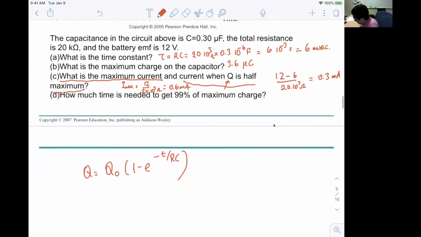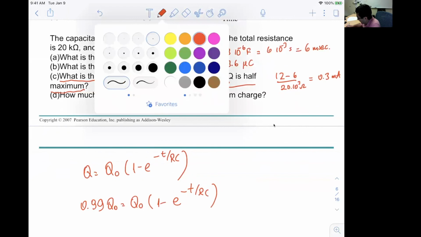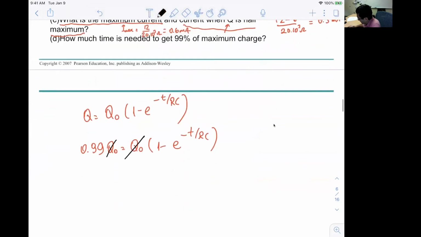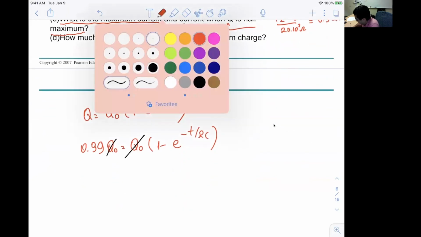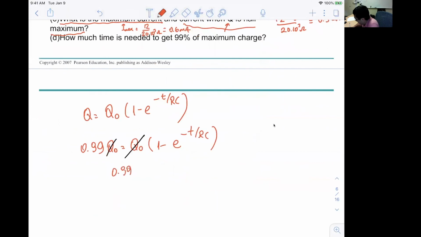It asks for 99% of the charge, which means 0.99 Q naught equals Q naught times 1 minus e to the minus t by RC. You can cancel the Q naughts. You have 0.99 equals 1 minus e to the minus t by RC. This means e to the minus t divided by RC is going to be 0.01.